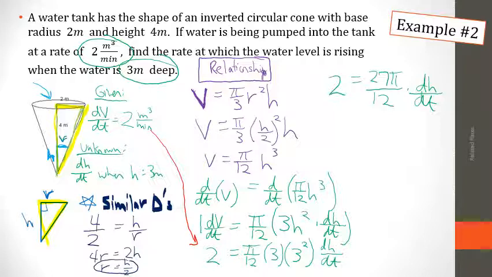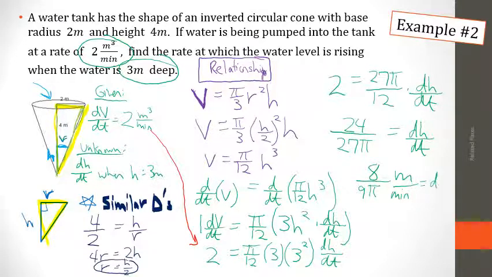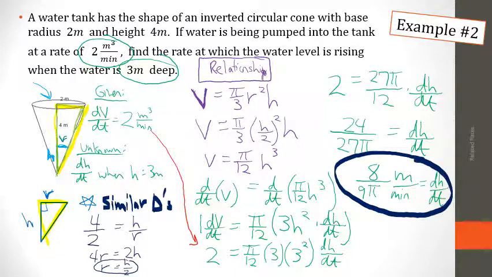So multiply by 12, we get 24 over 27 pi equals dh/dt. And if we simplify that, we get 8 over 9 pi, and this is meters per minute, and that is dh/dt. And that is our final answer here.